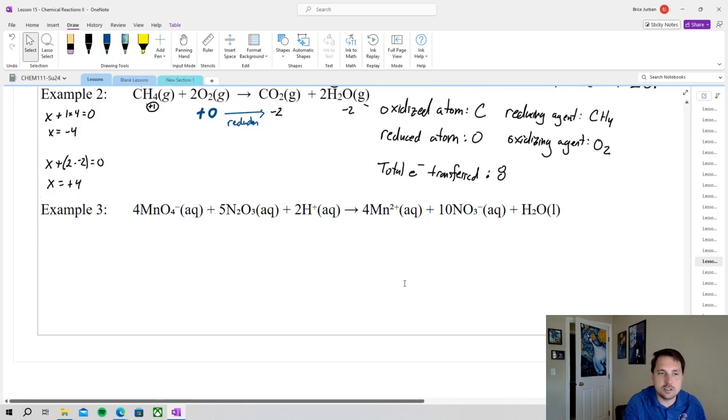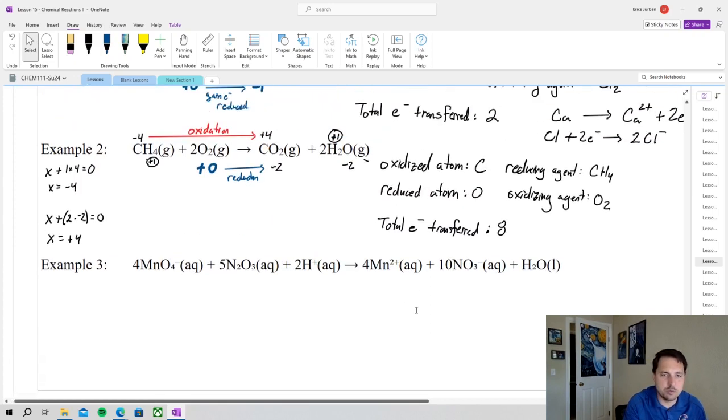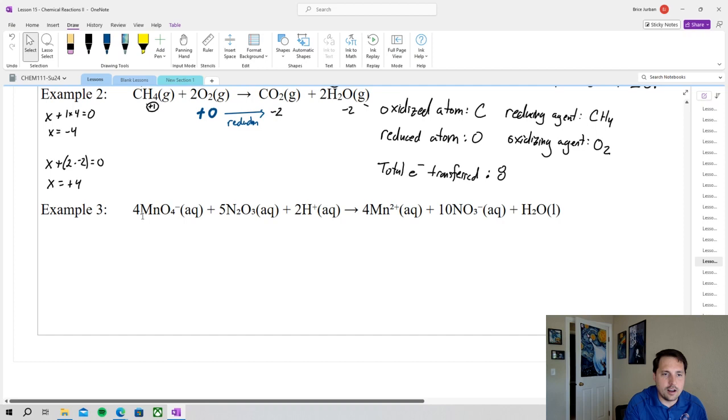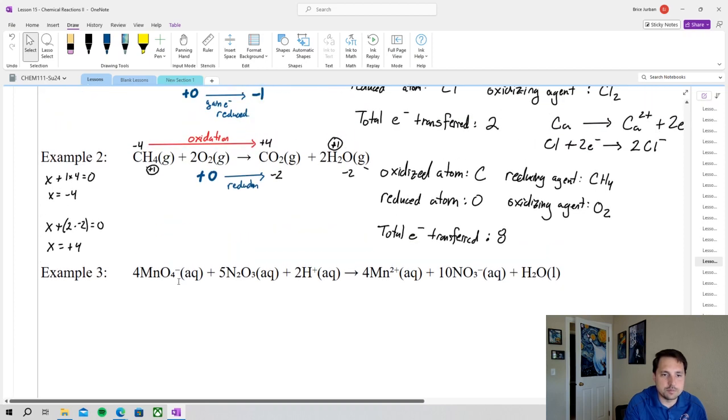But let's look at this third example. See if we can get through this one. I have the permanganate ion, MnO4-, which is a very dark plum purple. It's very pretty. If I add in N2O3 to it and some acid, we can get an oxidation reduction reaction.